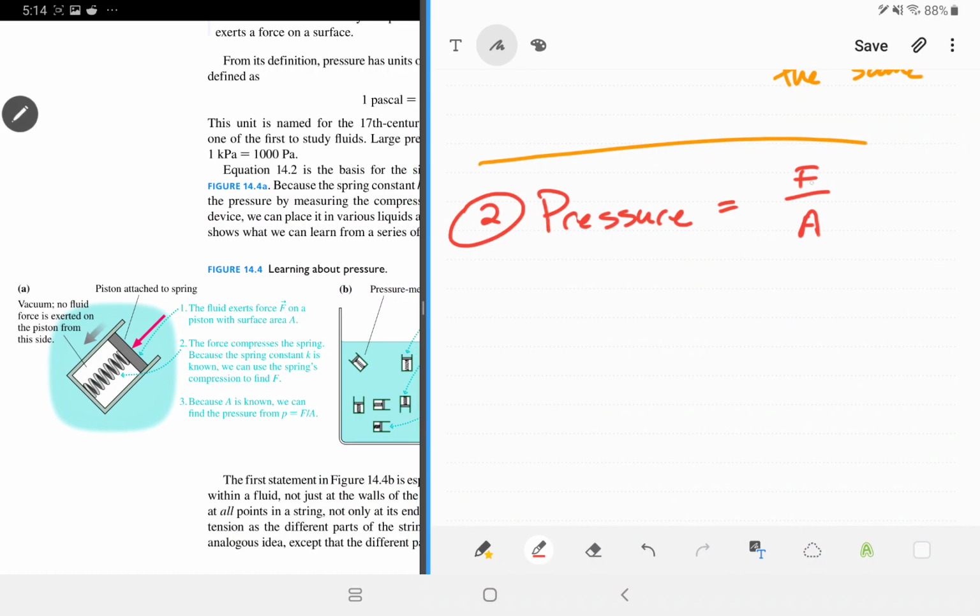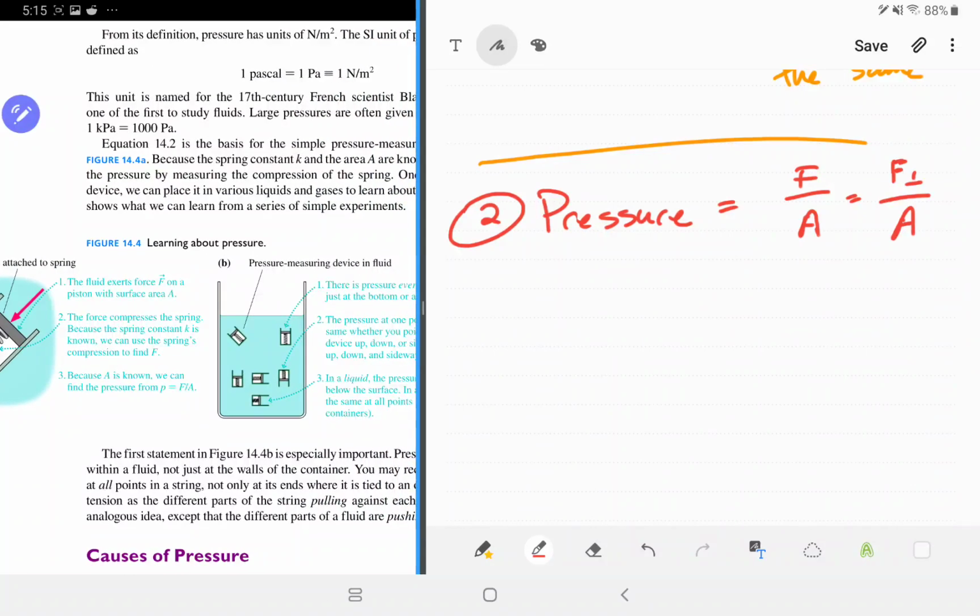Okay, so you might see this formula written as F perpendicular, so perpendicular to the plane of the surface. If you continue on in engineering, mechanical engineering or related disciplines, you'll talk about other components of forces that are related to things like shear. But we're not talking about that here. Here we're just talking about the perpendicular component for pressure.